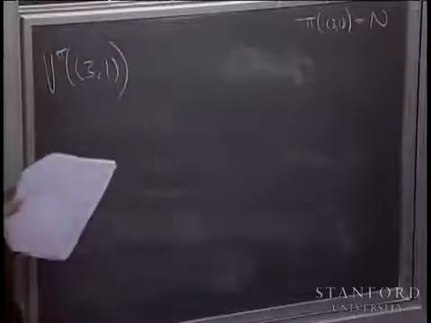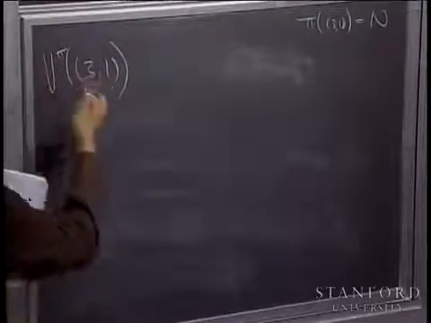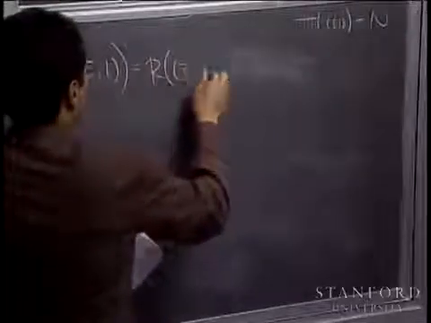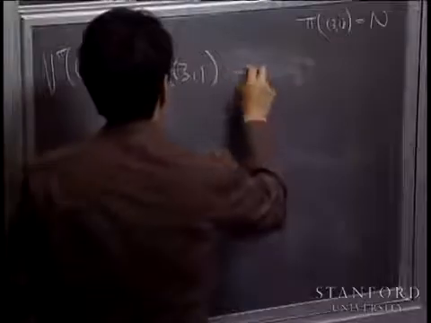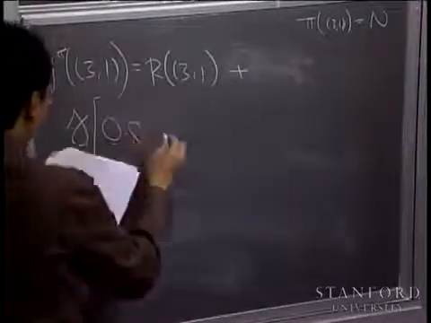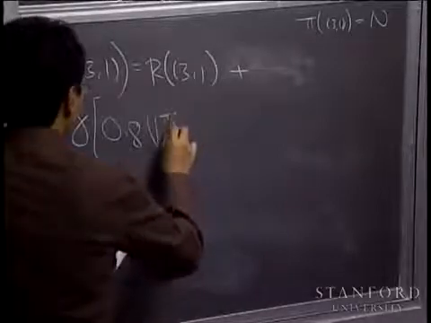But for this policy, Bellman's equation tells me that V pi of (3,1) is equal to R of the state (3,1), plus gamma times, with chance 0.8, I'll get to the (3,2) state.